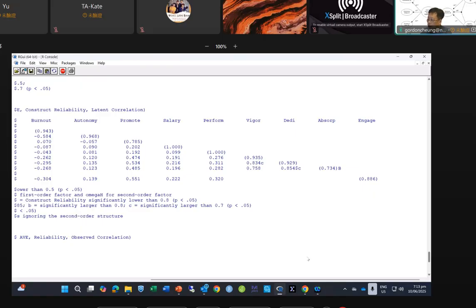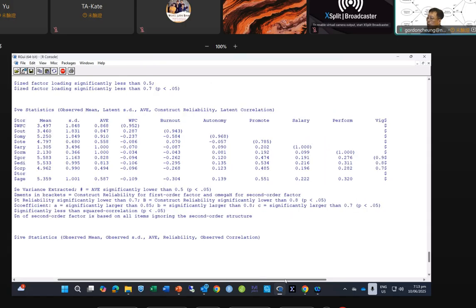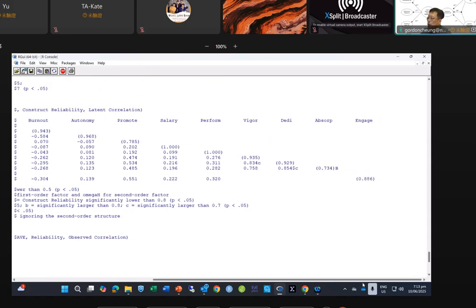It has a B here. If we read the notes, B means that it is significantly lower than 0.8. So there is a minor concern about the reliability for absorption, but that is not a major concern.